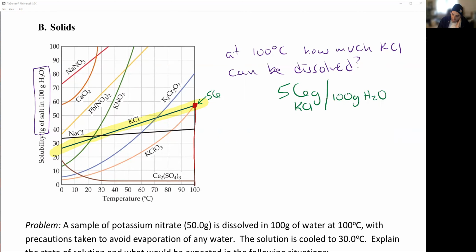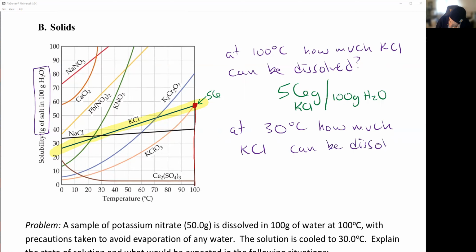Okay. At 30 degrees Celsius, how much KCl can be dissolved? Actually, before we answer that, let's quickly go back to think about this idea.